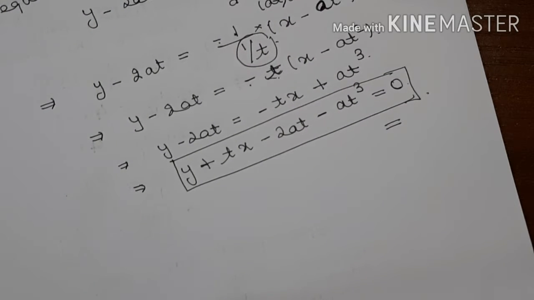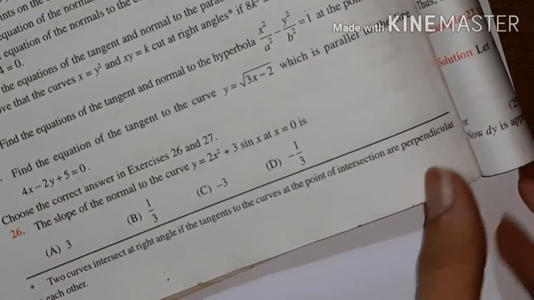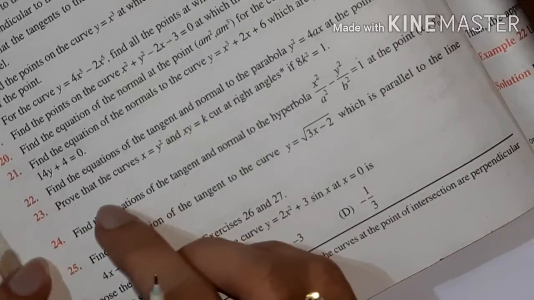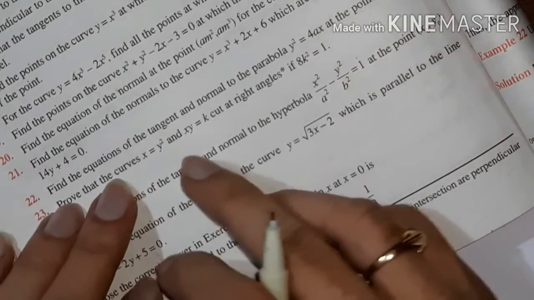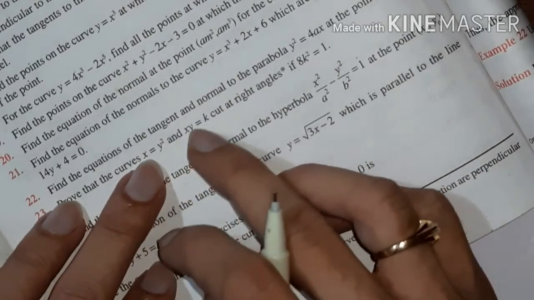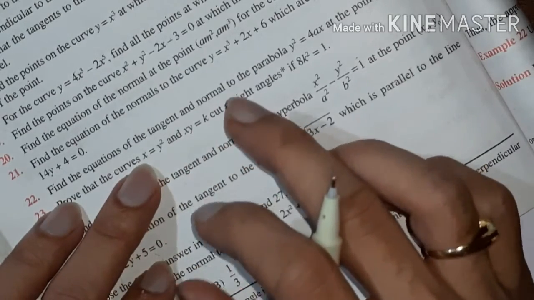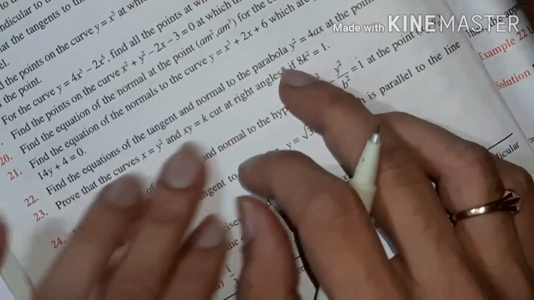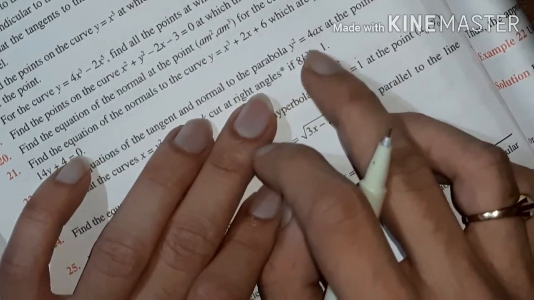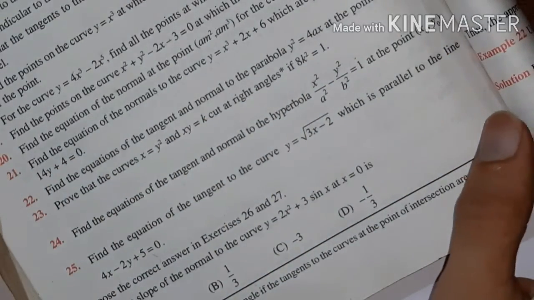So that was problem number 22. Now let us go to problem number 23. Problem number 23 is this: prove that the curves x equal to y² and xy equal to k cut at right angles if 8k² is equal to 1.